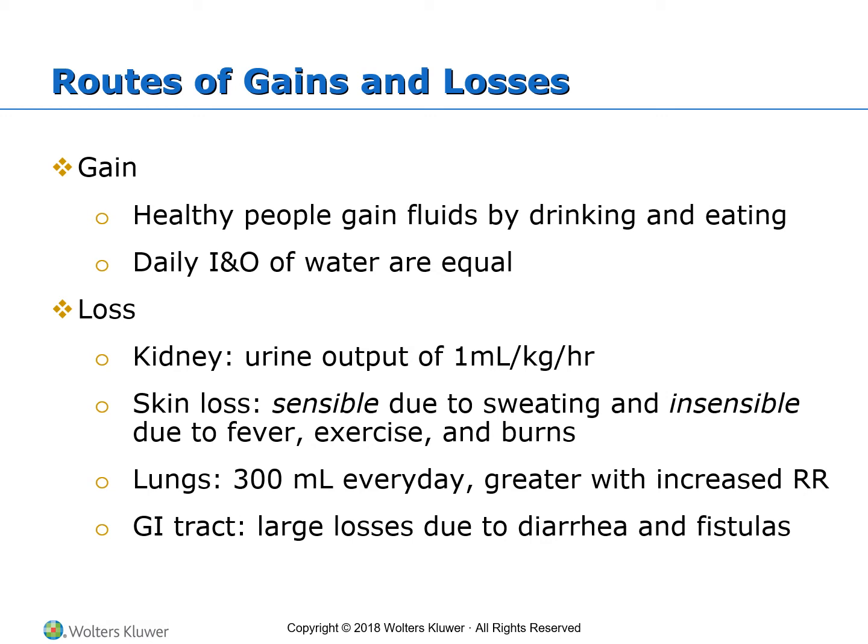And then you should be excreting that through the kidneys. Your intake and output by the end of a 24-hour period should be about equal. So what you take in, you should be able to void or excrete out. As far as the kidneys are concerned, you should lose about 1 milliliter per kilogram per hour. That's what the kidneys should be able to do.